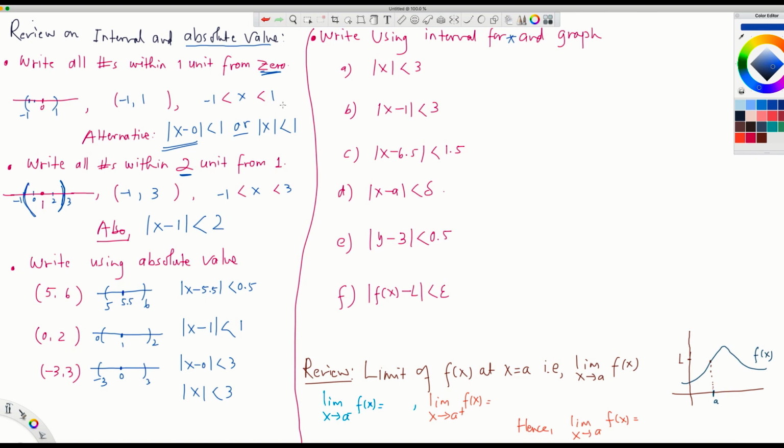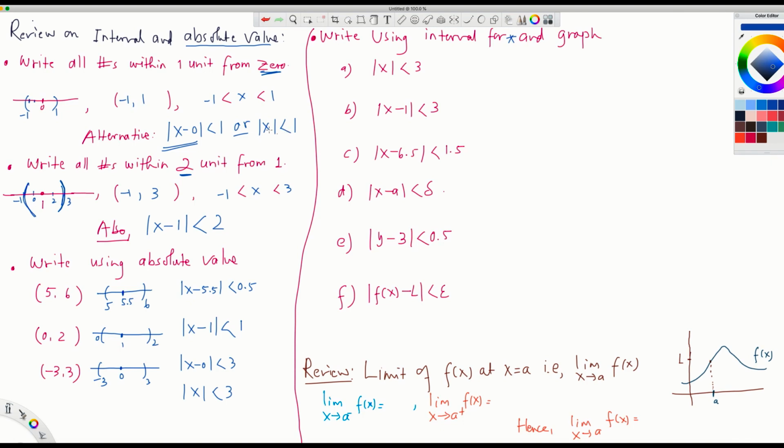When can you do that? If that 1 and that 1 match, and the left side is negative and the right side is positive. In that case you can write that way. If there are different values on the left and on the right, you cannot do that. You cannot write using the absolute value. You'll have to do some more work.